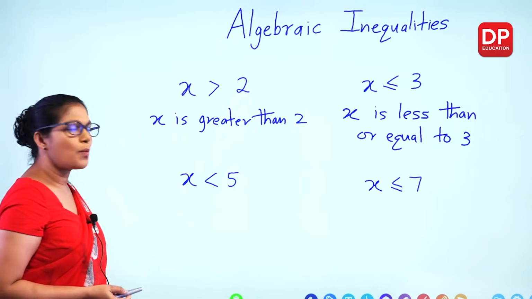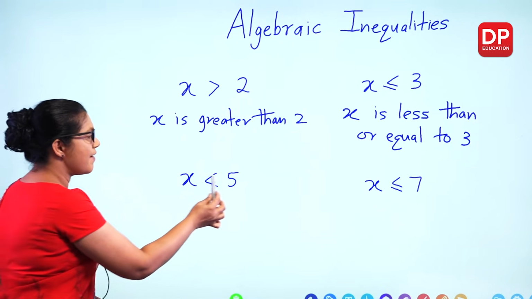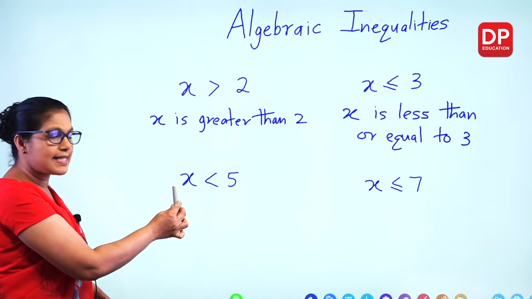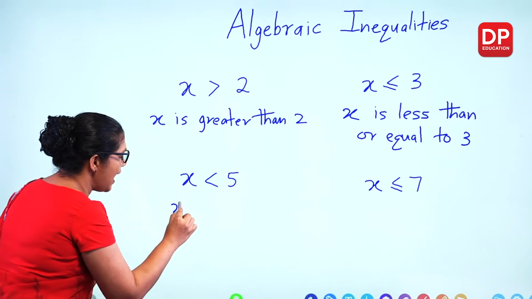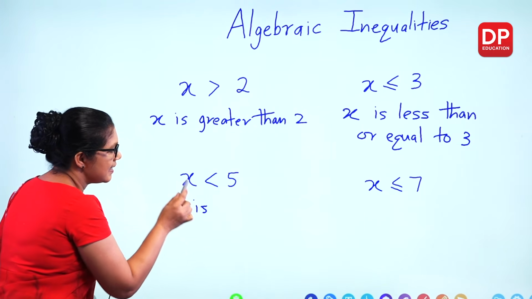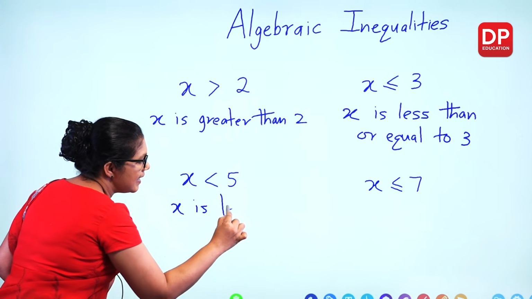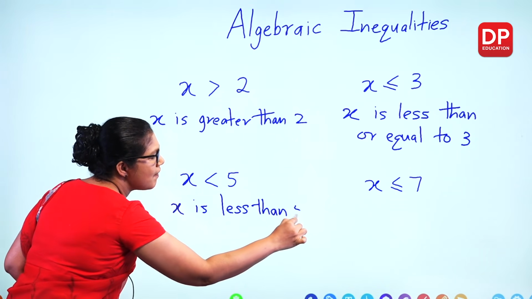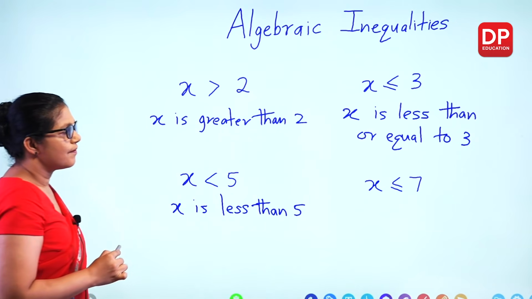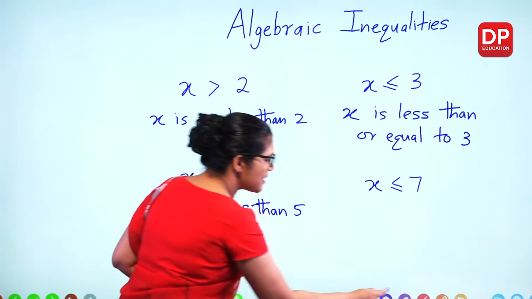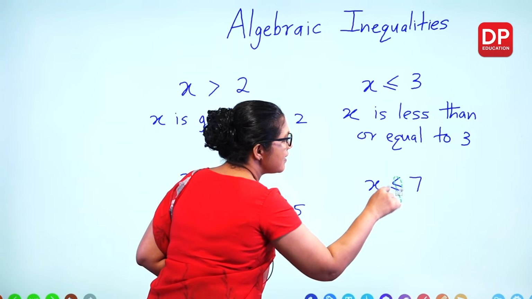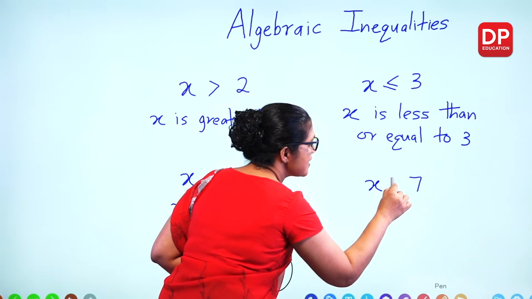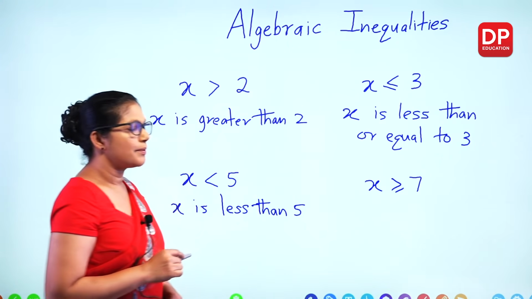Now we'll take this one. How can I write? Starting with the letter, I can write x is, this side is less than. What about this one? I'll change this slightly. I'll write it the other way around and see. How can I write this one?